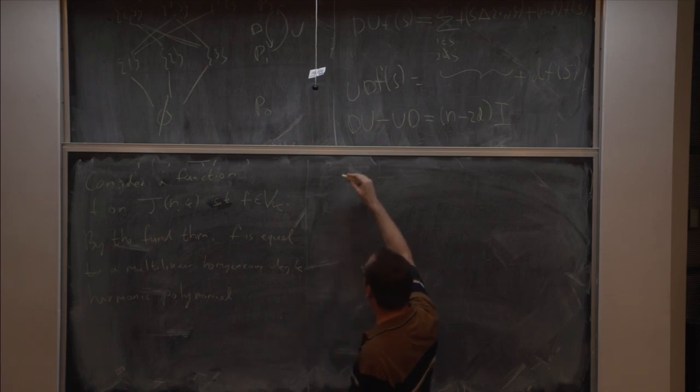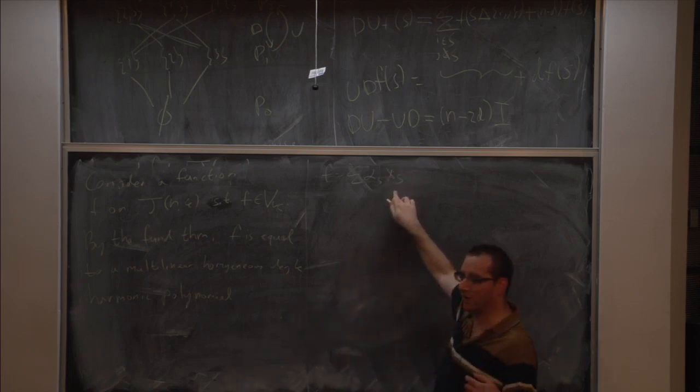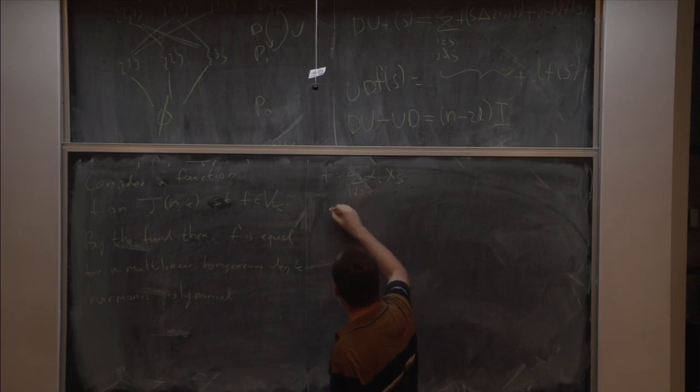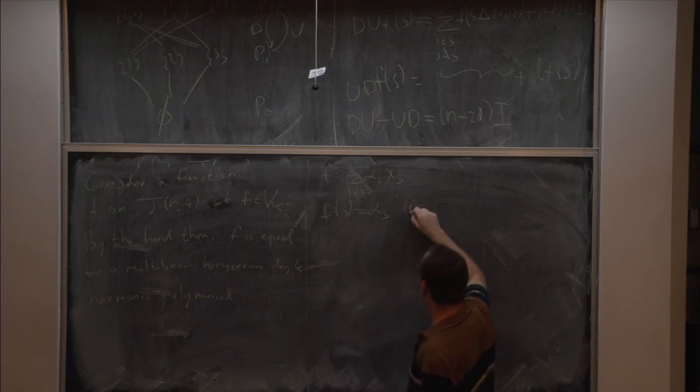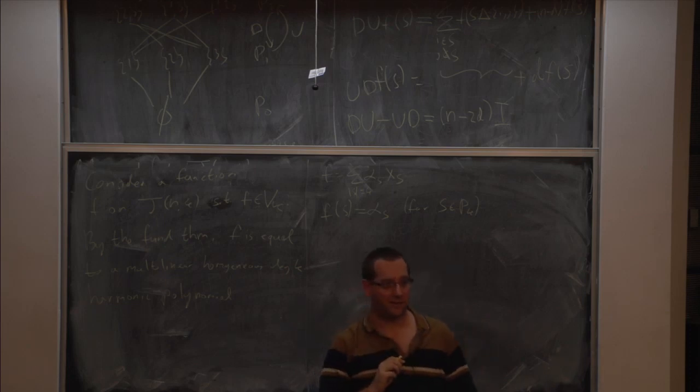So let's say f is some sum of alpha_S x_S, where x_S is just the product of x_i for i in S. And then because it's homogeneous of degree k, so |S| equals k, then f of S is equal to alpha_S. Okay, so now we have this function on P_k, and how do we express the fact that it's harmonic?